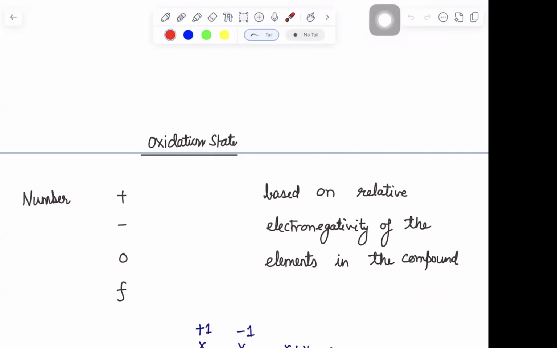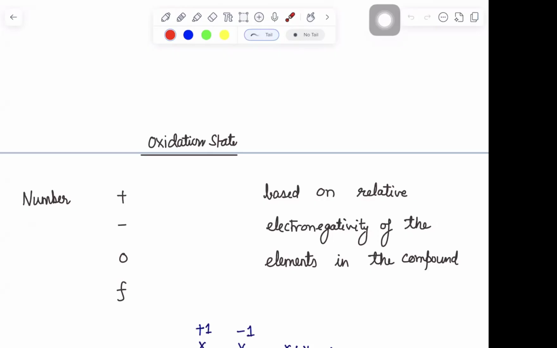Electronegativity is the tendency of an element to pull the electron cloud in its favor based on its inherent nature. You cannot question why fluorine does it and why calcium does not. That is the inherent nature of that element because of its electronic configuration.